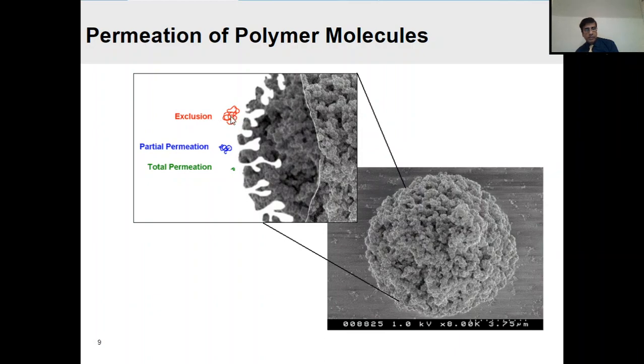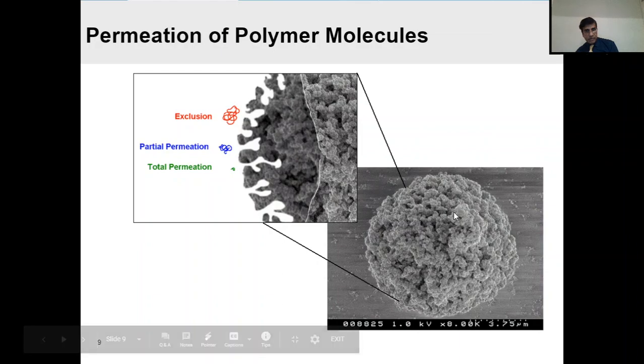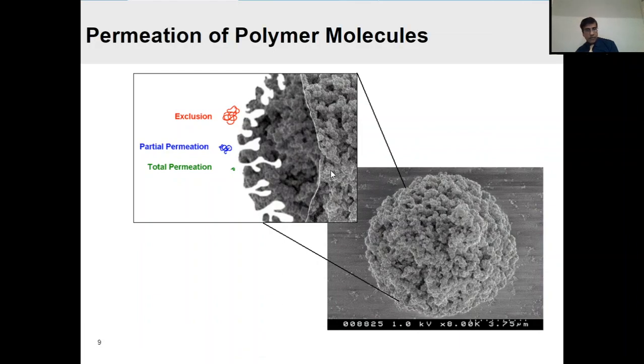This is the polymer chain, the red one, which is high molecular weight, the blue one is a medium size, and the green one is really small. If this is the polymer bead, and we look more closely, you can see the small holes there, which are called pores.